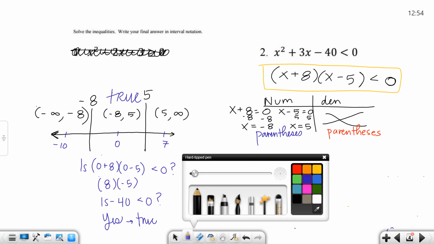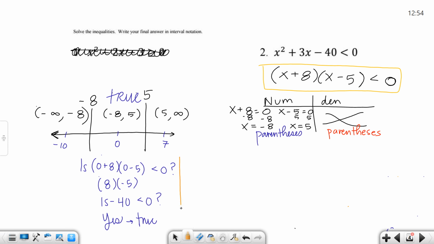Now, you can do another interval if you want, so I'll pick 7 just to practice. If I plug in 7, I'm going to get 7 plus 8 times 7 minus 5. Okay, 7 plus 8 is 15, and 7 minus 5 is 2. Now that problem says, is this expression less than 0?